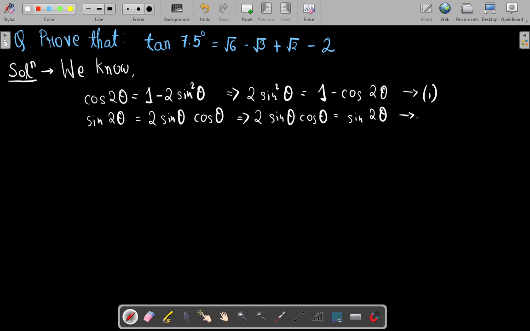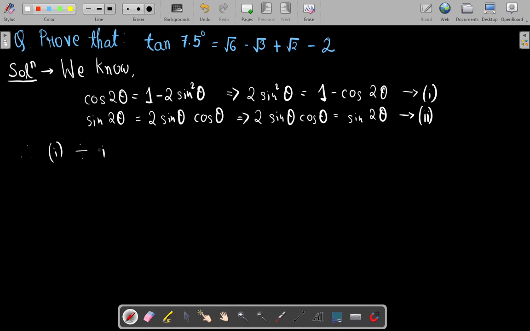Our target is to find tan of this angle. So let us first try to find a value of tan theta in terms of some half angle identity. Let's see if we can find something out. First I will try to divide equation 1 by equation 2, and see what we get.